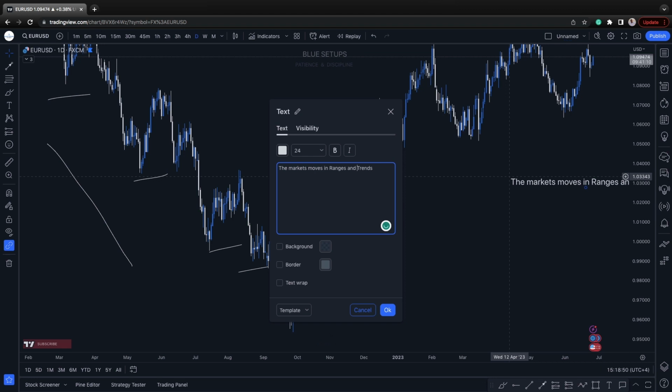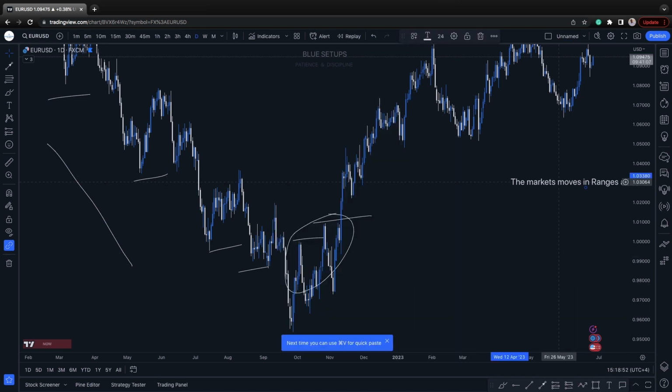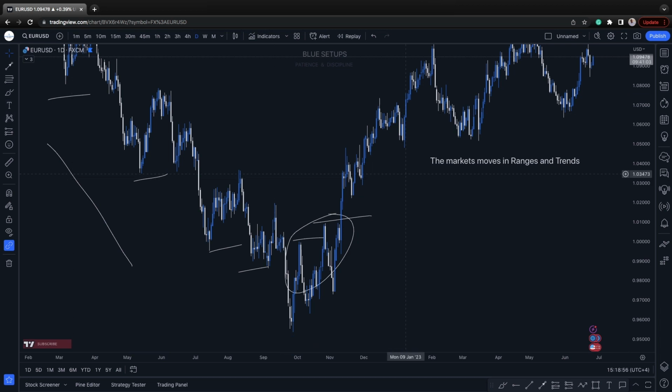Nice. So the market moves in ranges and trends. Once you have these established moves, or even before getting a pre-established move, you should have a roadmap. What do I mean by roadmap?